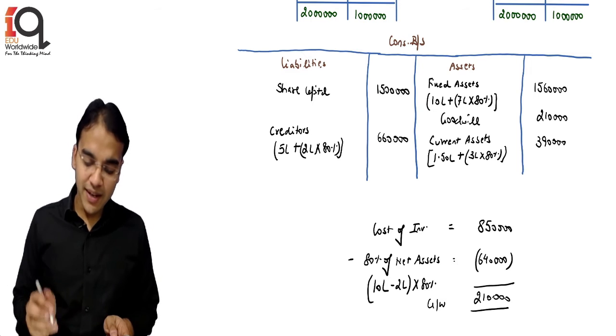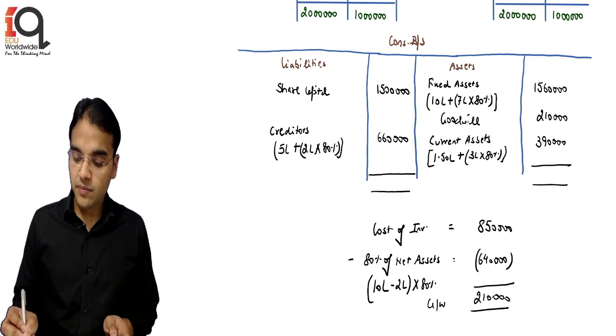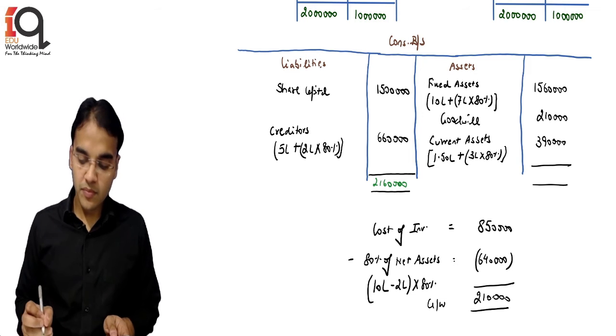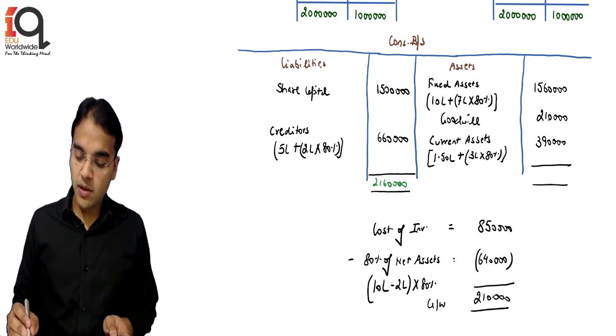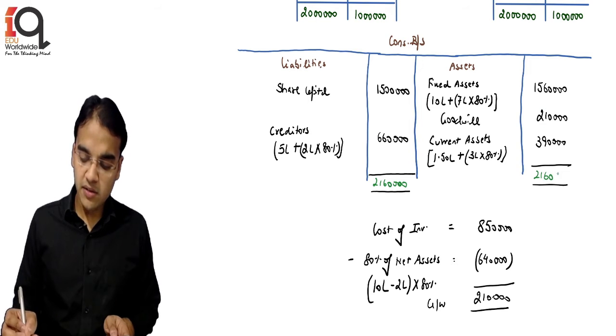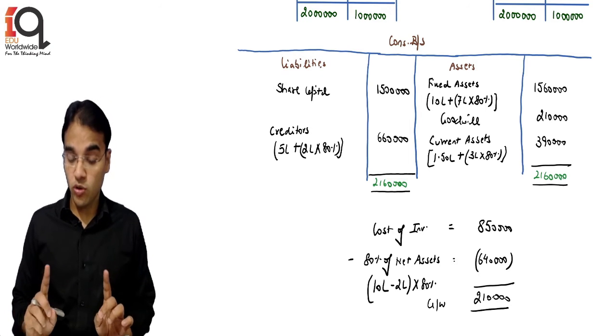Is your balance sheet getting tallied? Here it is 2160. Here it is 3 plus 2, 5 and 6, and 2160. It is tallied. Now, what we have done, I have told you earlier also, don't write.